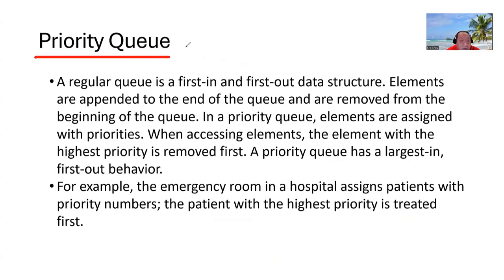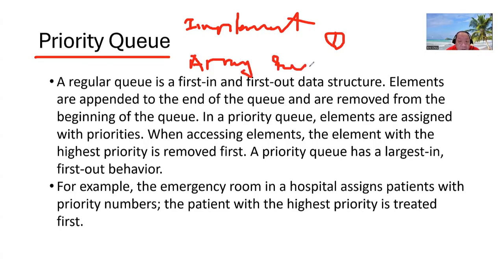Now, talking about how to implement a priority queue. We have several ways. One simple way is to use a number of queues, an array of queues. Let's assume that you come with a lot of data.